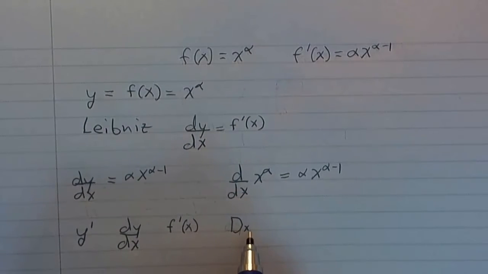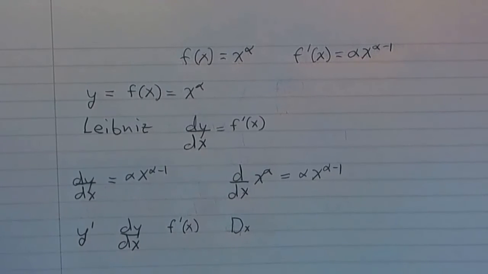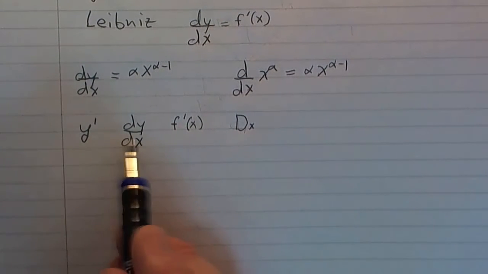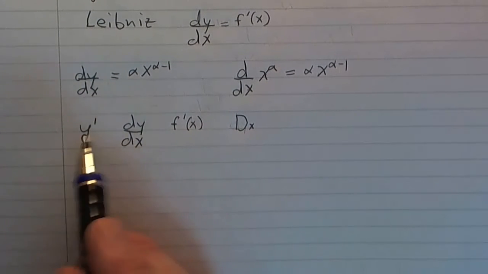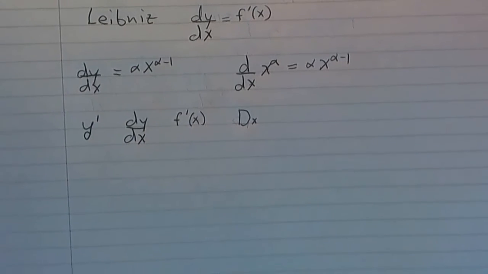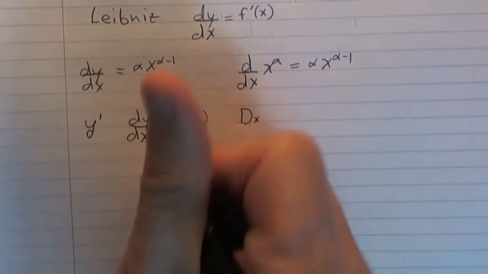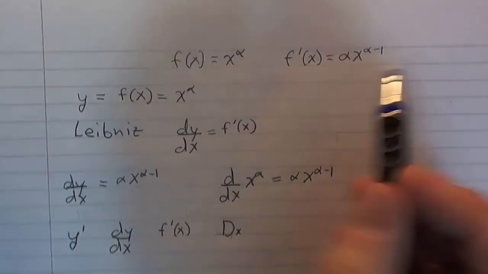That means the derivative, and this tells you with respect to what? With respect to x. So anyway, these are some notations, and you use whatever is easiest for you at the time. But first of all, we have this power rule property.